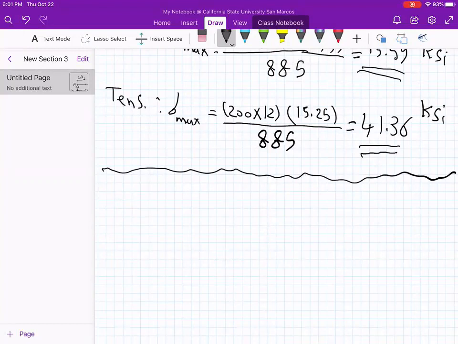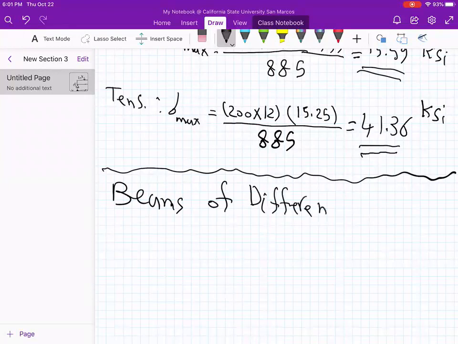We don't want to cover that one, but we want to cover very simple things, like a rectangular section that includes both steel and wood. So now, beams of different material.